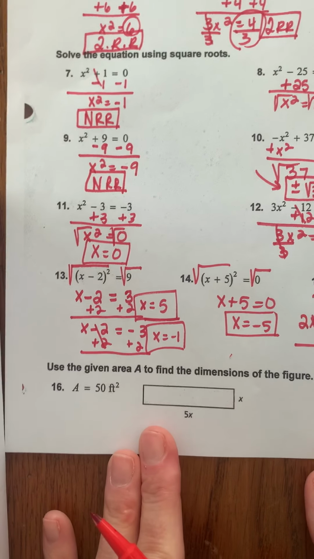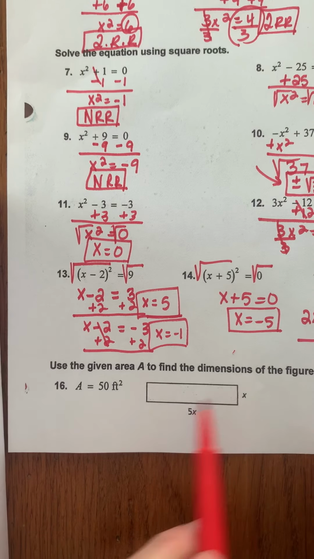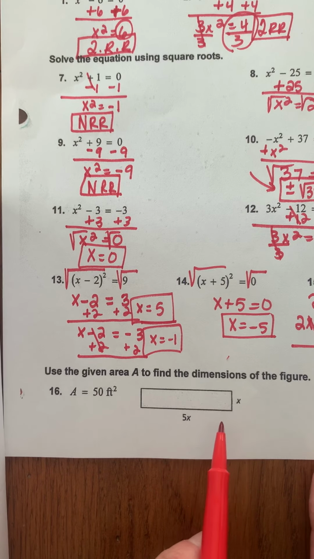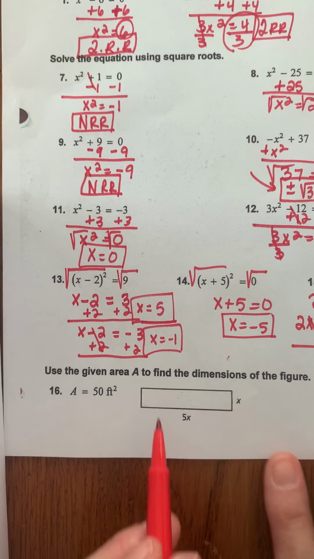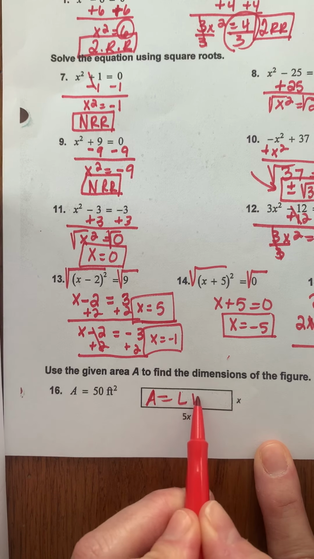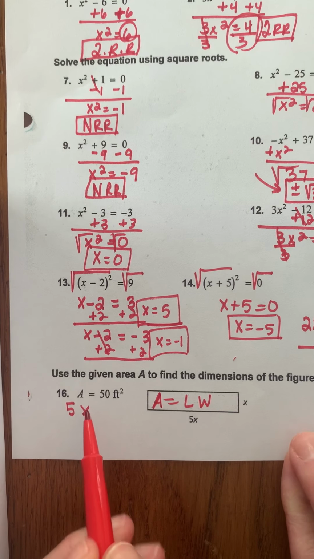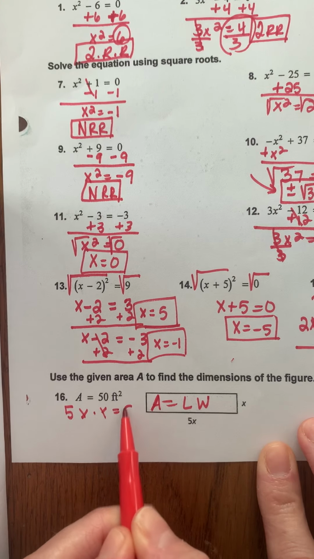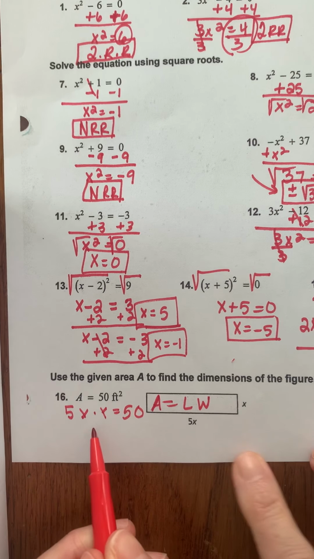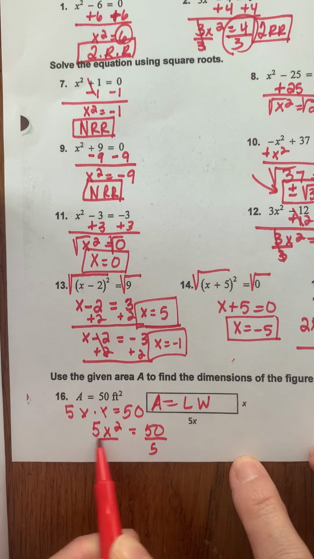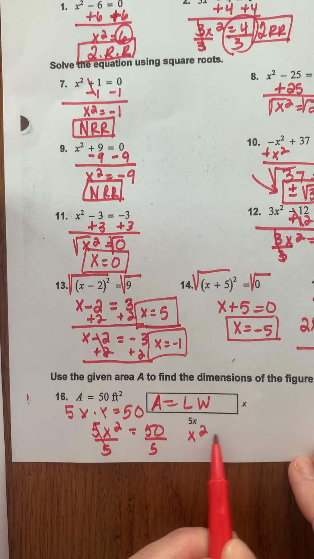And then this last one is a quick word problem. It says find the area, or not find the area, find the dimensions. So find what your length and width are. The area of a rectangle, remember, is just length times width. So you would take 5x times x equals 50. So you get 5x squared equals 50. You want to get that x squared alone.